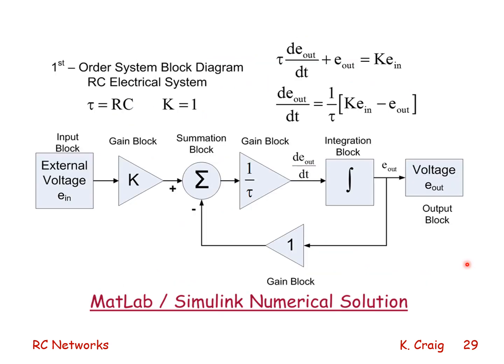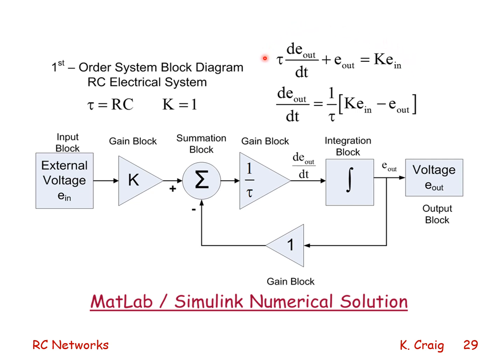Let's take our first order system mathematical model, tau dE out dt plus E out equals k times E in. Even though we're using E for voltage, this first order mathematical model can represent many types of physical systems.